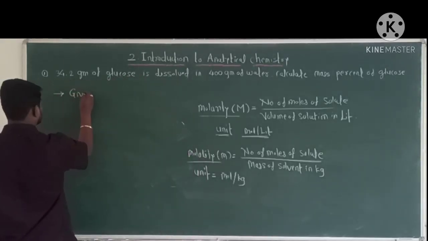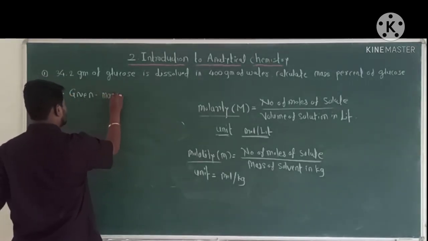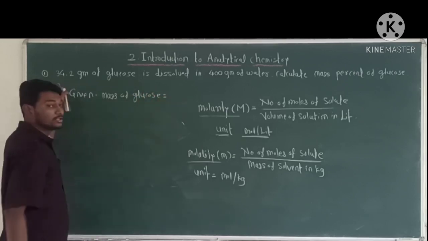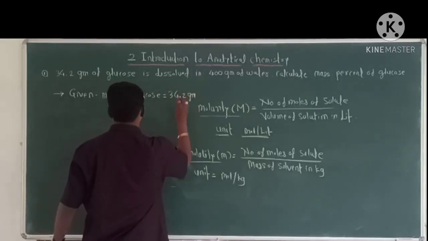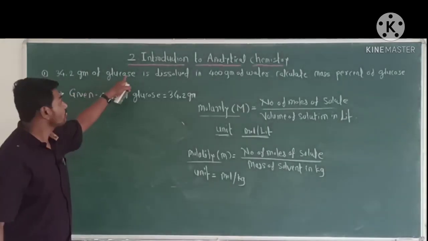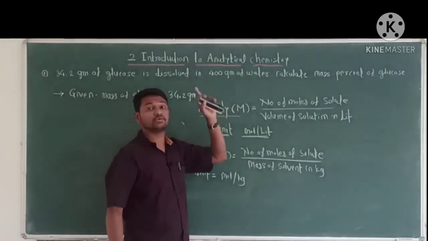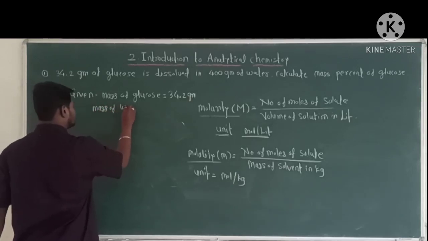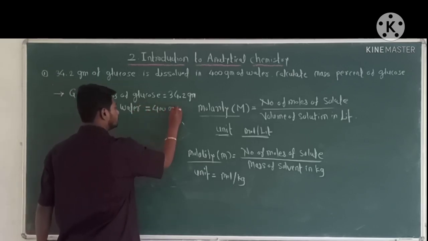Given: the mass of glucose is 34.2 gram. The mass of water is 400 gram.